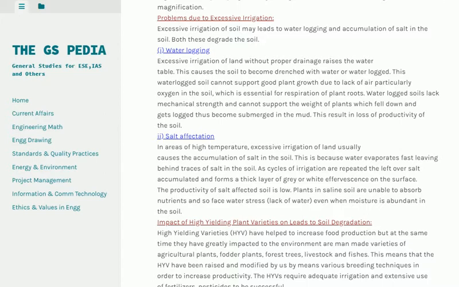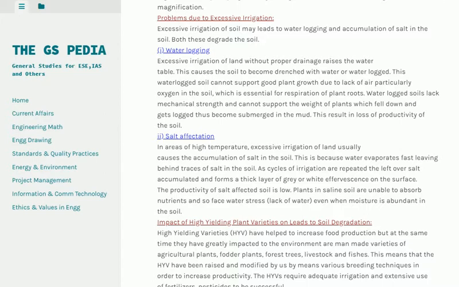As cycles of irrigation are repeated, the leftover salt accumulates and forms a thick layer of grey or white efflorescence on the surface. The productivity of salt-affected soil is low. Plants in saline soil are unable to absorb nutrients and so face water stress, lack of water even when moisture is abundant in the soil.